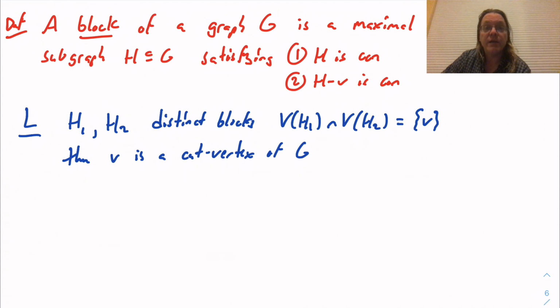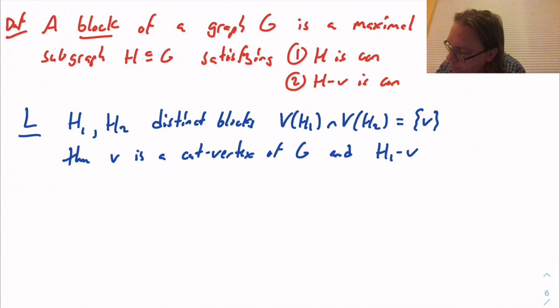of your graph G. And moreover, when you delete the vertex V from G, what's left of H1 and what's left of H2 are going to be in different components. Let me say it this way.